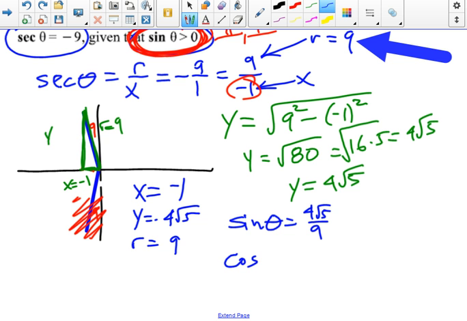The cosine is negative 1 over r, which is negative 1/9. The tangent is y over x, which is 4 square root of 5 over negative 1.